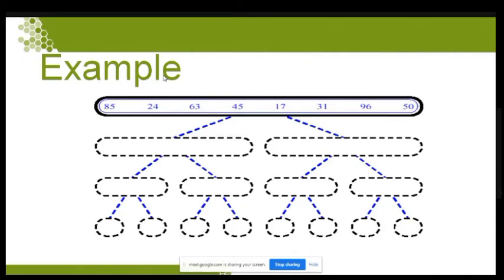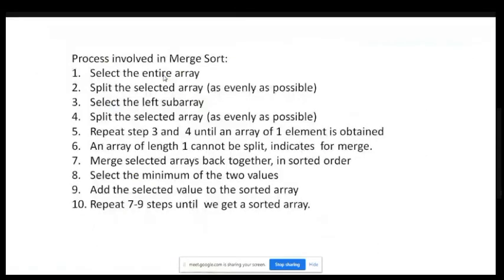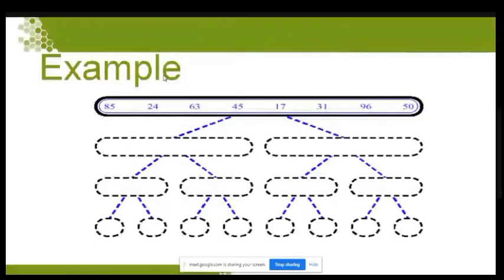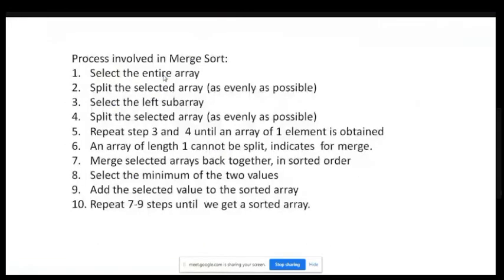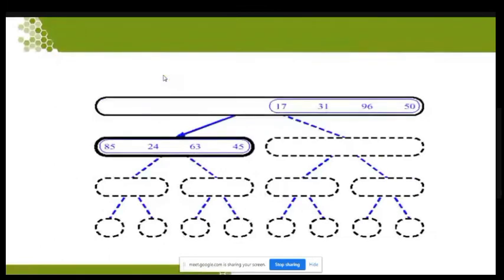Okay, now we'll apply the process. What does our process say? Select the entire array. So we have selected all the 8 elements. Now what does your second step say? Split the selected array. So now we have split it into two parts. Since 8 elements are there, you have to divide it into two sublists, which means you have to find the mid element.